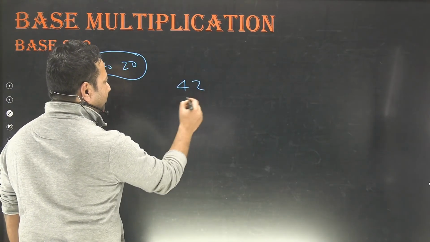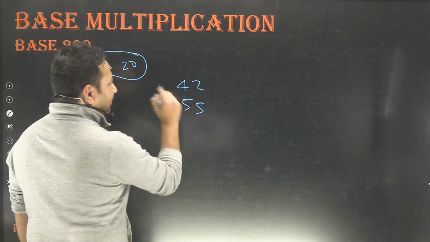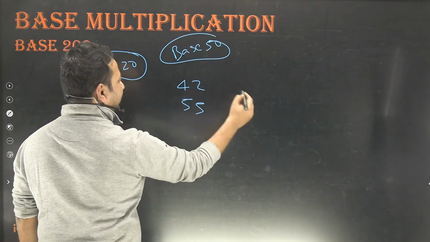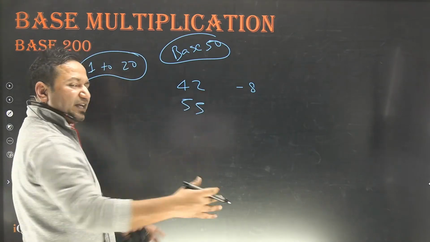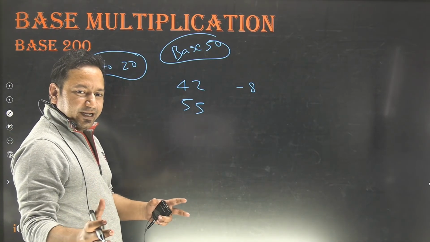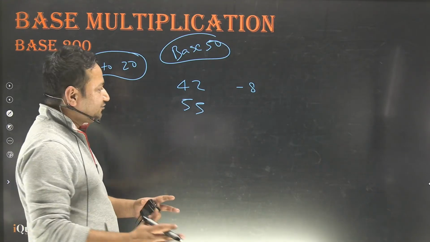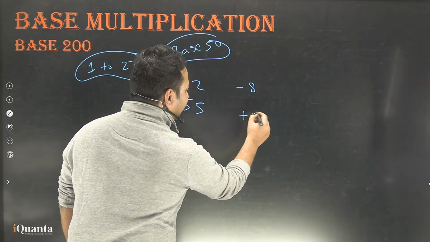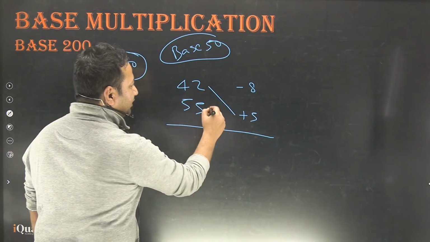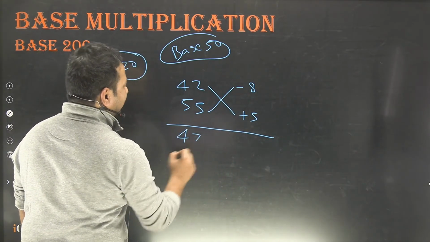42 and 50, I don't know what is the obsession with this number. The base is 50, isn't it? One number is more than 50, one number is less than 50. 42 is 8 less than 50, and 55 is 5 more than 50, right? 42 plus 5 or 55 minus 8, you will get 47 in both the cases.